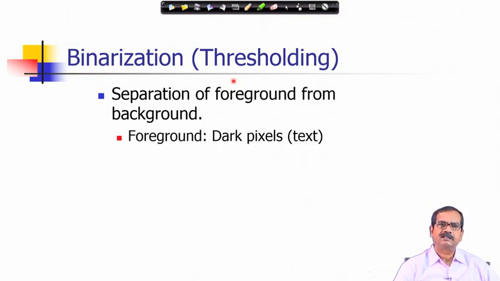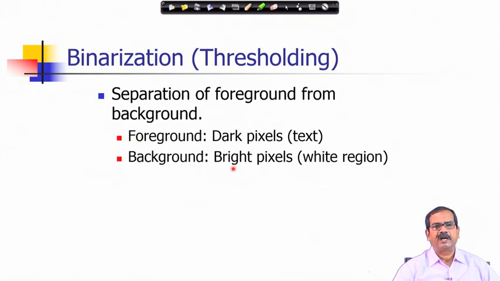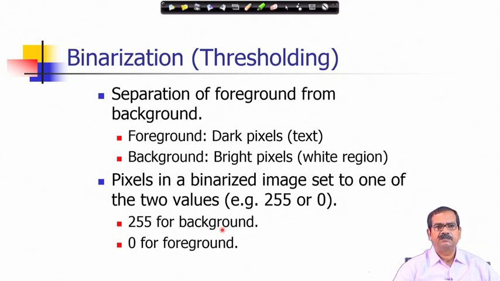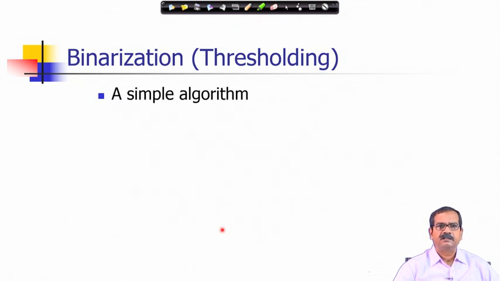In our present context, in the example I have given here, foreground is the dark pixels and background is the bright pixels, which are the white region of the document. Pixels after binarization could be set to one of two values. For example, we can consider 255 represents the white region and 0 represents the text portions or dark pixels.